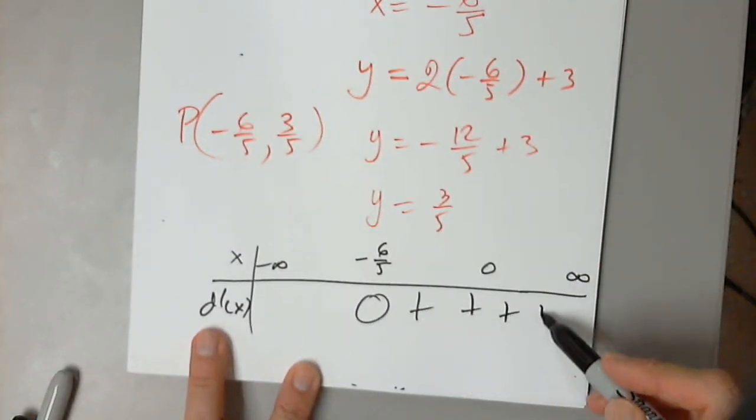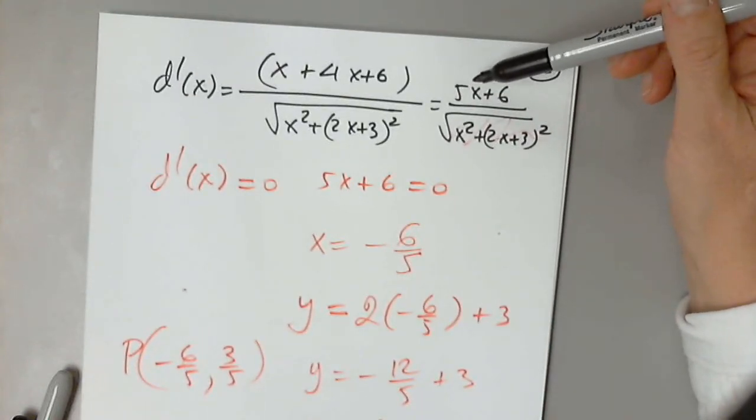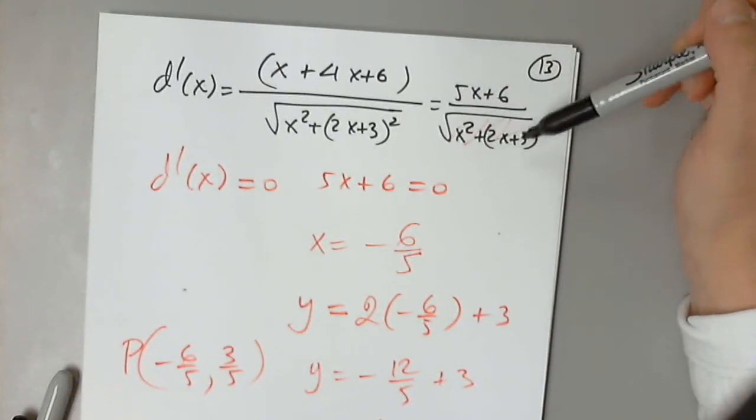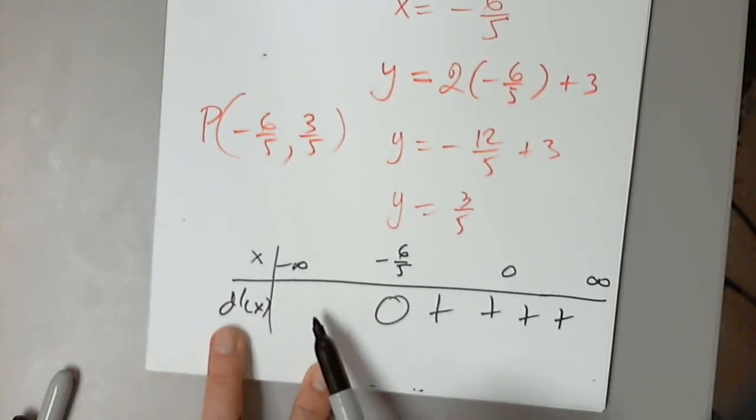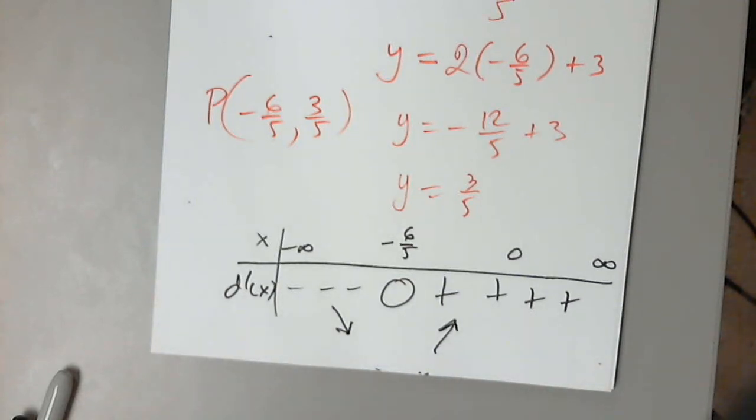Very good. And now let's say I plug in -10. 5 times -10 plus 6, this doesn't matter. This is always positive. What will be the sign on this side? This is a typical situation for a minimum. So it's guaranteed now that this point is found at the shortest distance away from the origin, and it's a point on the line. But I have to show this to show that it's a minimum distance.